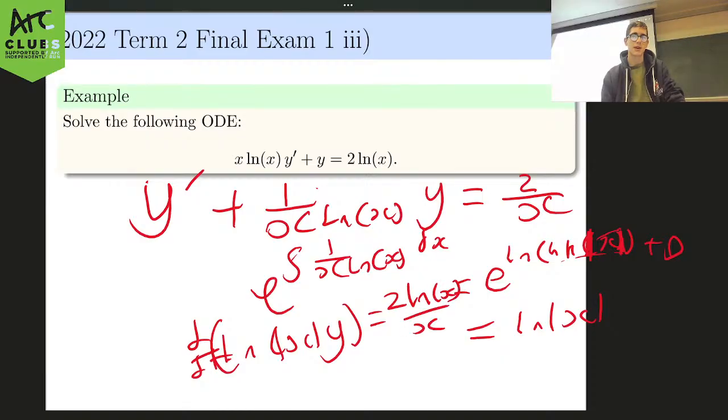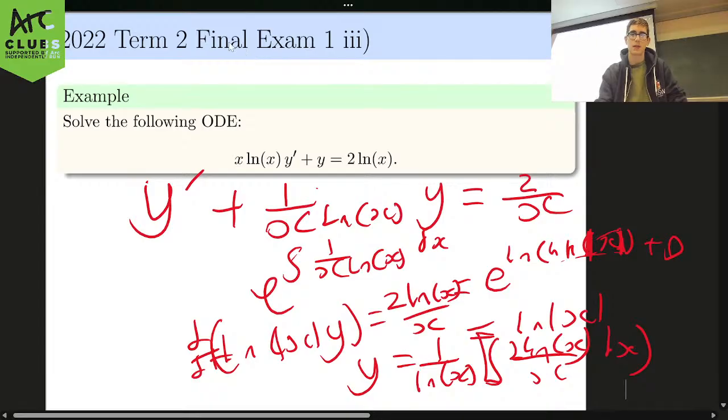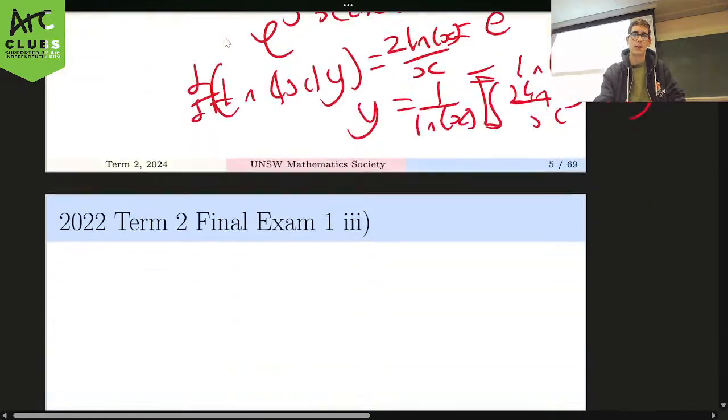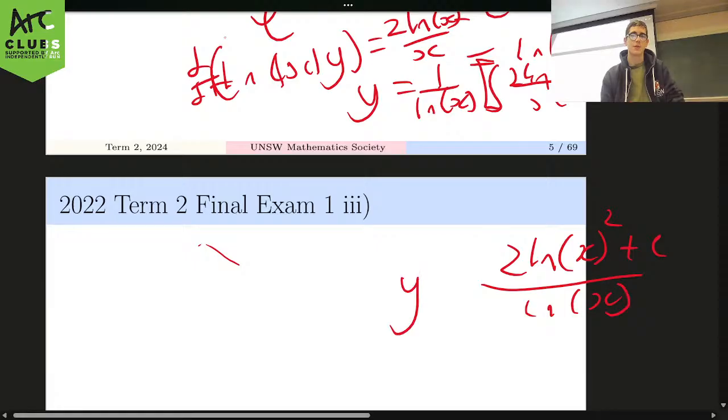I should keep the absolute values. And then we would say that y is equal to 1 over ln x times the integral of 2 ln x over x, which this integral turns out to be 2 ln squared x plus c, and we're dividing that by ln x, so this is what the solution would be for y, okay?